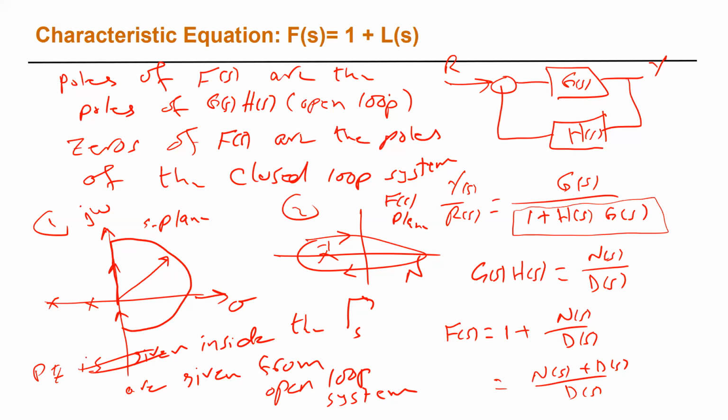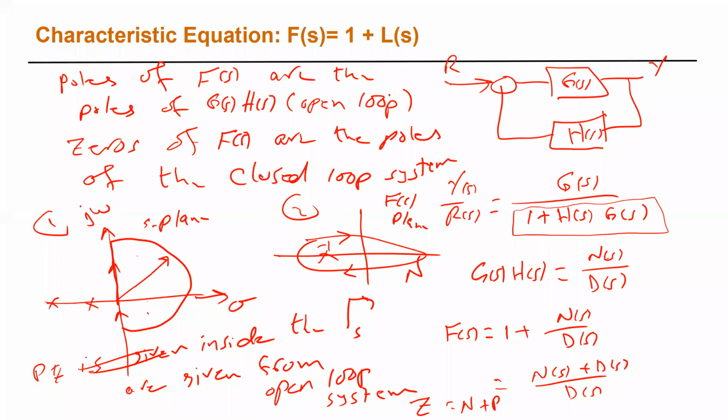So if you find N, then Z, the zeros of the characteristic equation, equal to N plus P, where Z is the number of zeros of the characteristic equation in this area. So if Z equals 0, the system is stable. Otherwise, the system is unstable. This is basically what we want to do.